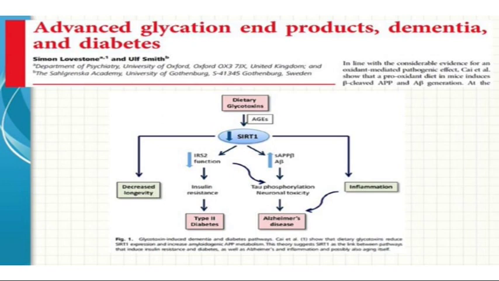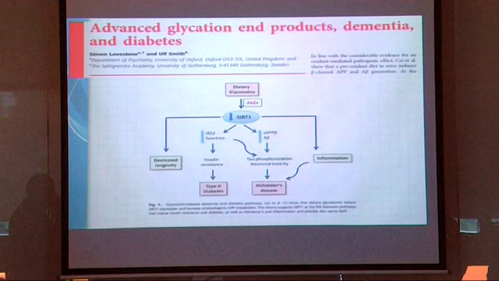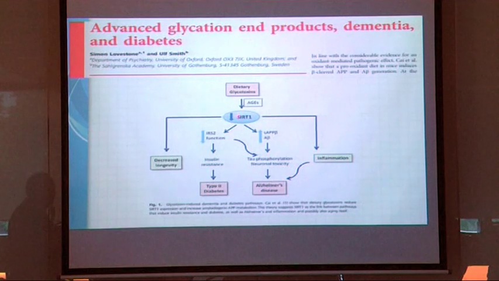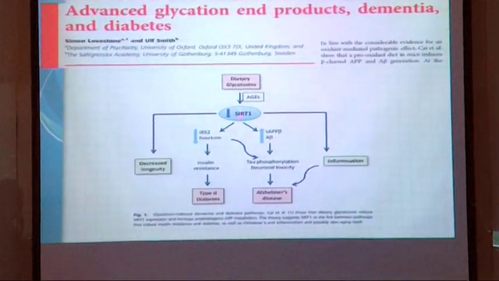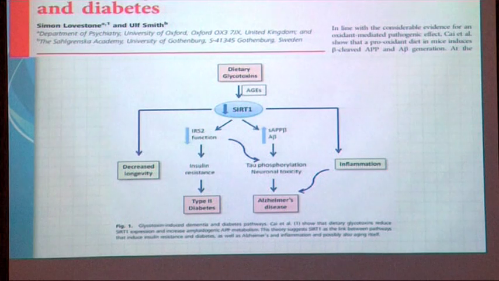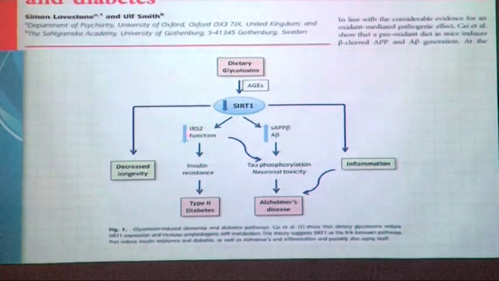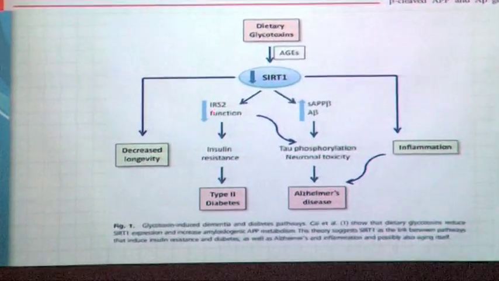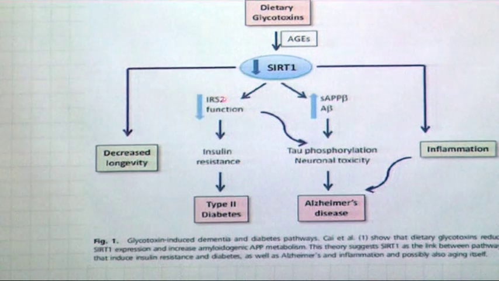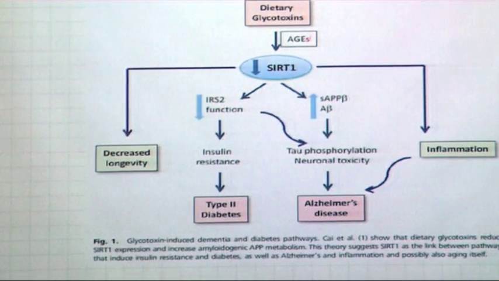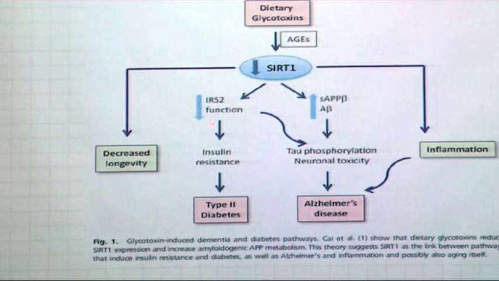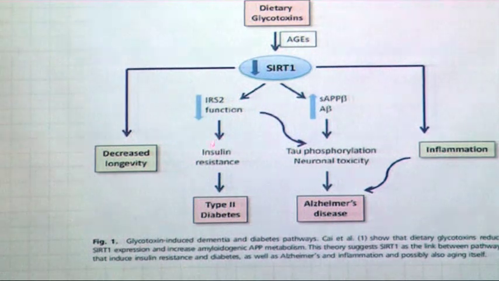So these glycotoxins downregulate a certain protein, this is a survival protein in the brain cells, which affects the insulin receptor substance. This is a sensitizer for insulin, and if you downregulate this protein, then the brain cell is not able to take up the insulin anymore.